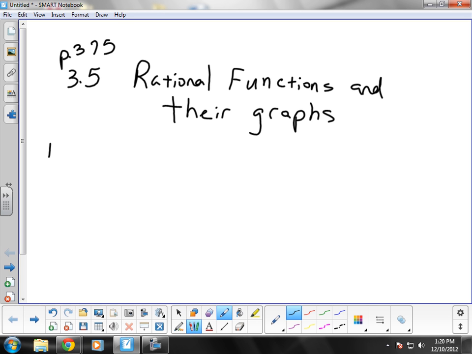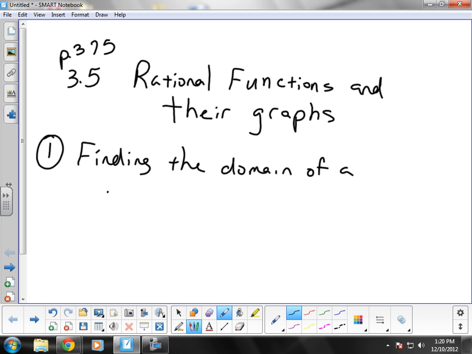So, objective 1 talks about finding the domain of a rational function. First of all, I guess we need to talk about what is a rational function. Anybody remember what a rational function looks like?